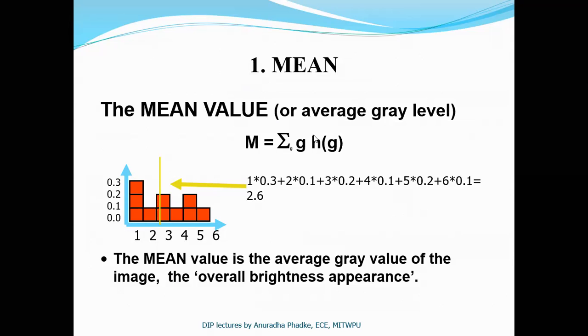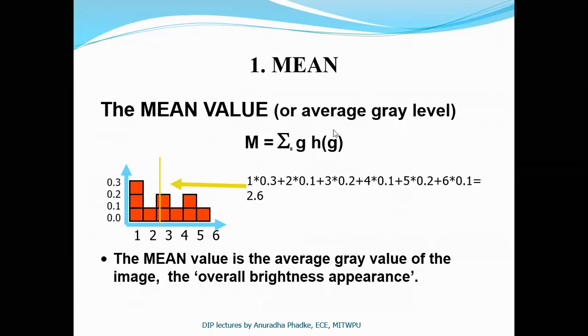We can also derive it from the normalized histogram. If Hg represents the normalized histogram, how do we obtain it? For every count value, we divide it by the total number of pixels. So that gives us the normalized histogram, say Hg.